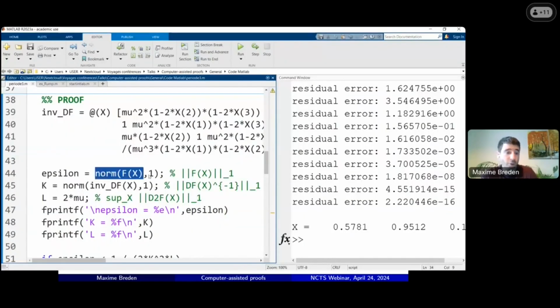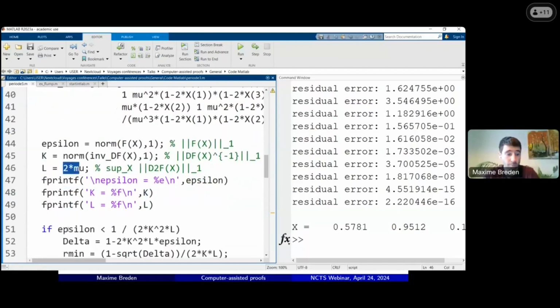So for epsilon, I just took the norm of the residual error. You need to choose one norm here, and I took the one norm. For kappa, I take the norm of the inverse, which is here. And then for L, you just do a small computation by hand. The map is only quadratic, so the Lipschitz constant of the derivative is really just a global number. You can compute it by hand. You can trust me, it's 2. And then I check whether this condition, epsilon small enough, is satisfied or not.